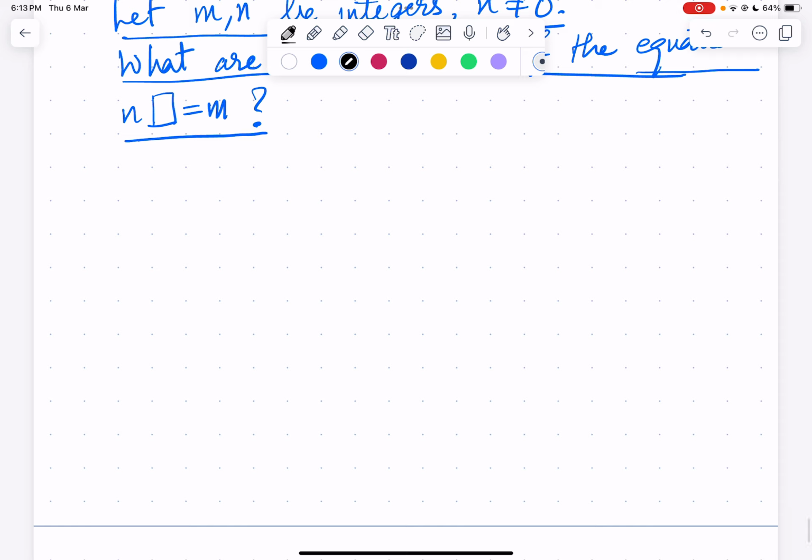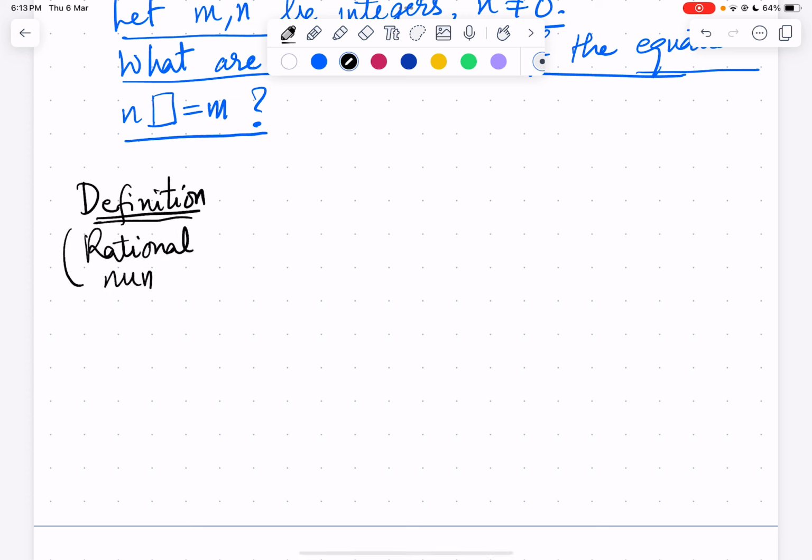So definition: rational numbers. Let m, n be integers.